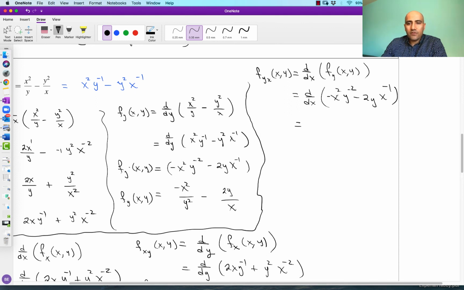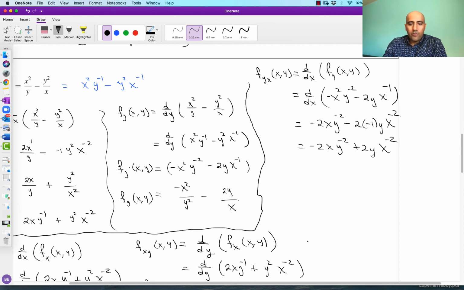with respect to x. So bringing this 2 out in front gives me minus 2x to the power of 1, and then y to the minus 2, minus 2 times negative 1 y x to the minus 2, which then simplifies to minus 2x y to the minus 2 plus 2y x to the minus 2.